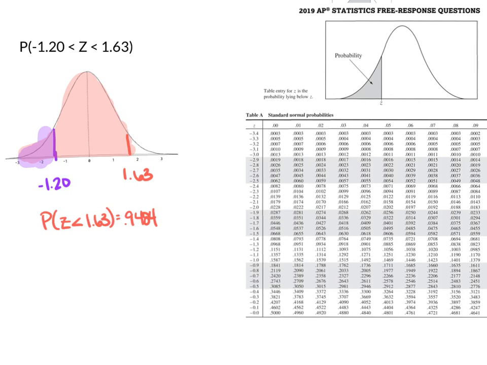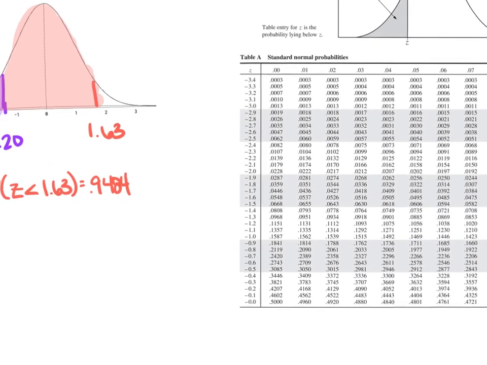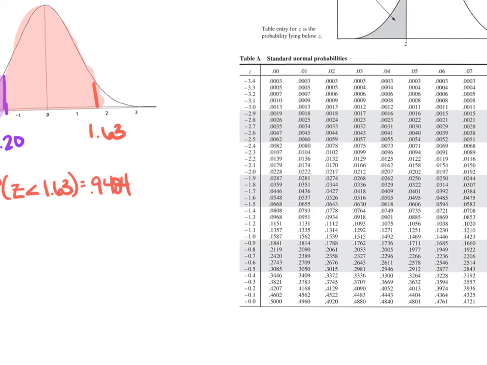I found the red curve, and I found the purple, and I'm going to take the purple away. That purple curve, negative 1.2, is sitting right here. This is the area, and it is 0.1151.